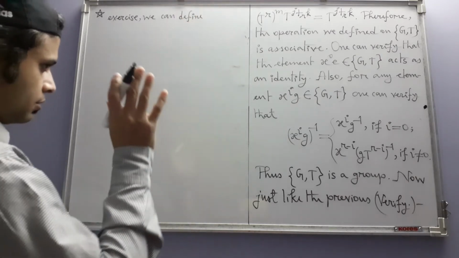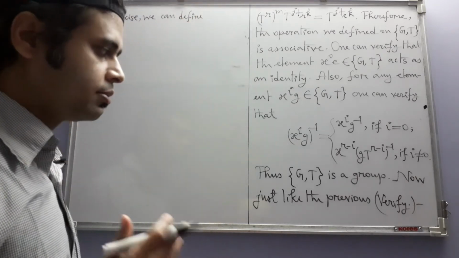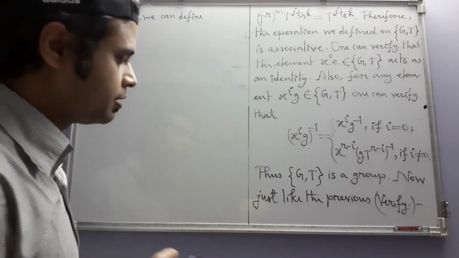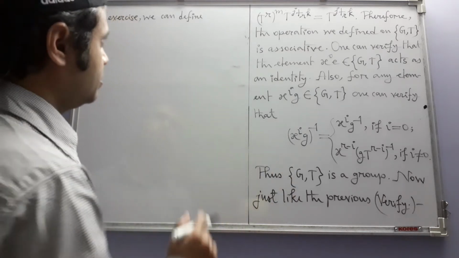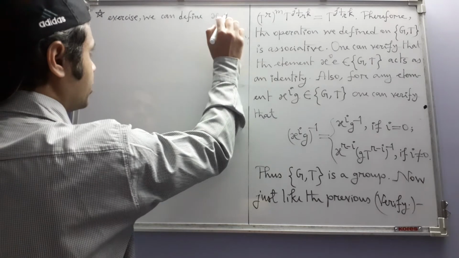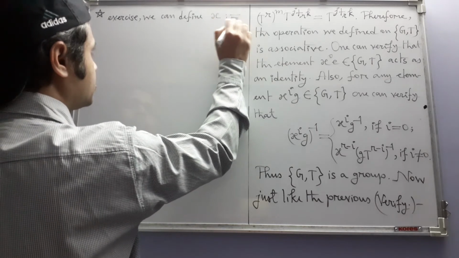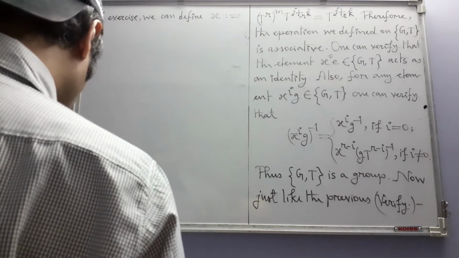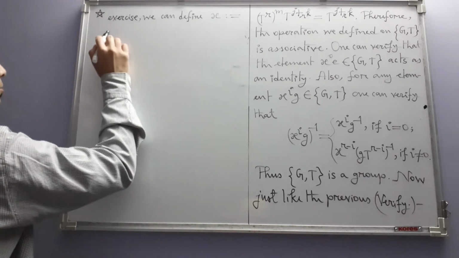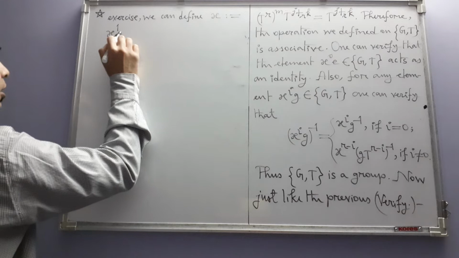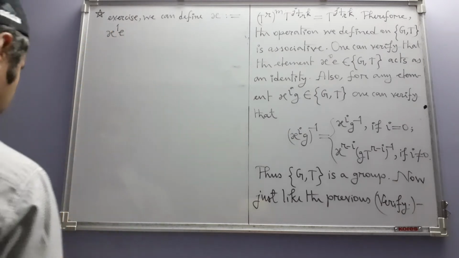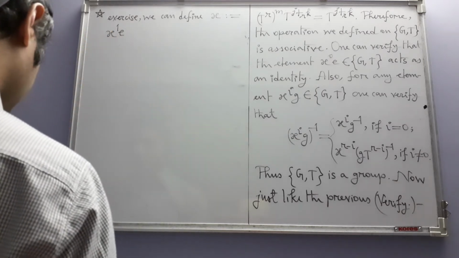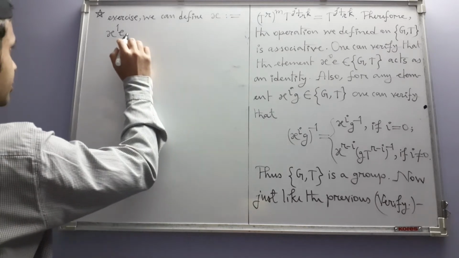Now, having obtained a group structure on this set, we can define x separately, and that x is going to be just this x^1 e. So we can define x like this, and we can define g also, for any group element g belonging to G.